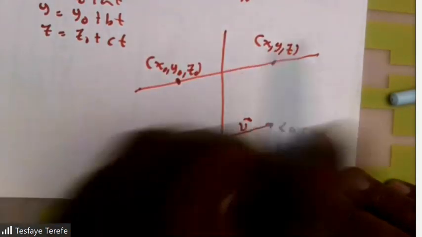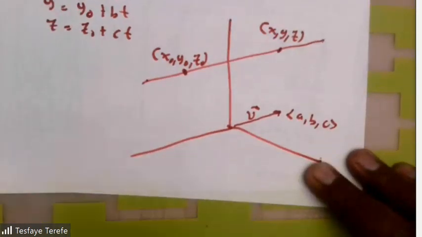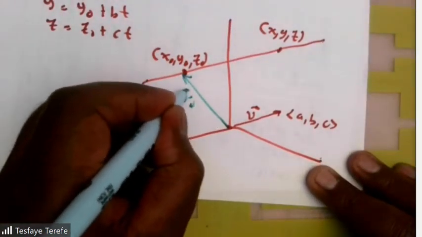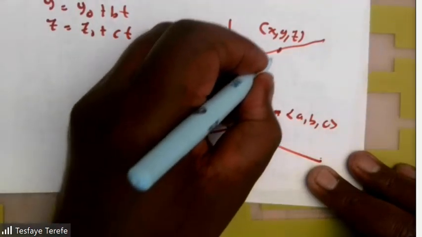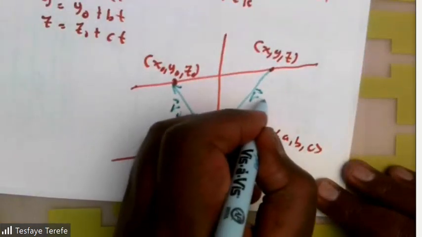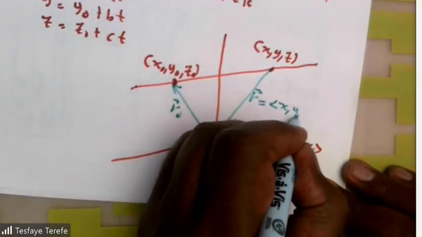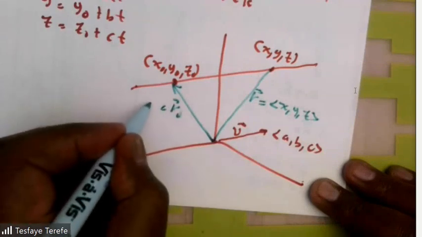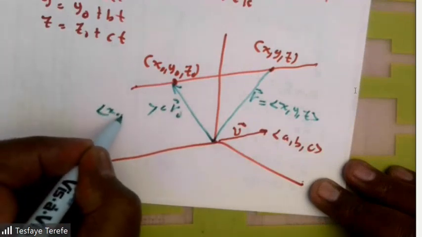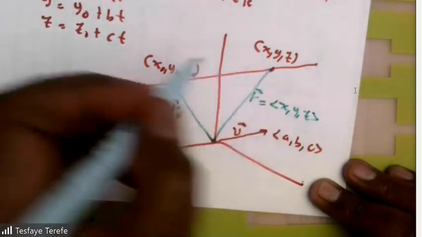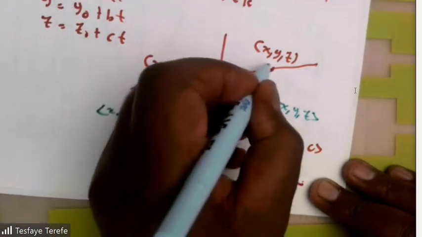Then this is going to be your position vector, r sub 0, and this is your position vector r, with components x, y, z. Now let us say this is point P and this is point Q.